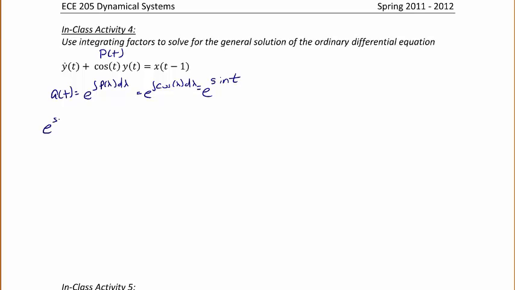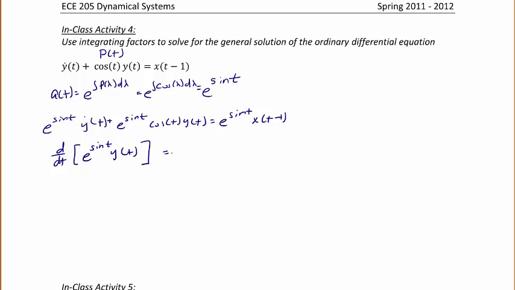So we have e to the sine of t y dot of t, plus e to the sine of t cosine of t y of t, equals e to the sine of t times x of t minus 1. So remember, this left side can be written as the product, the derivative with respect to time of e to the sine of t y of t.